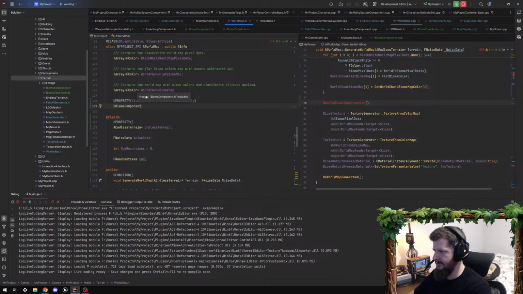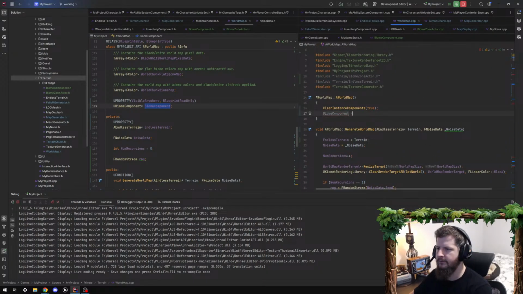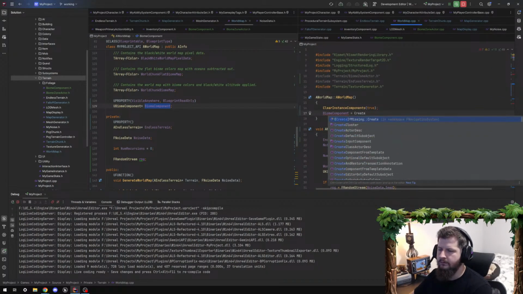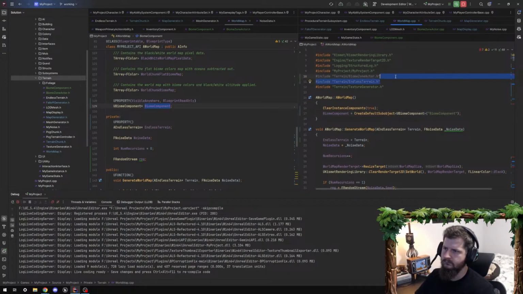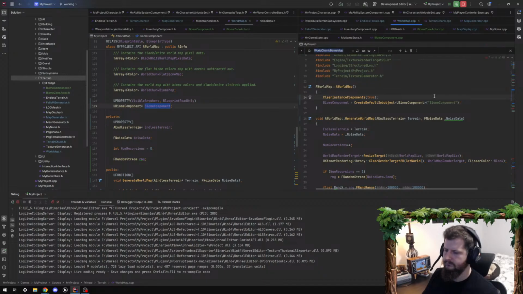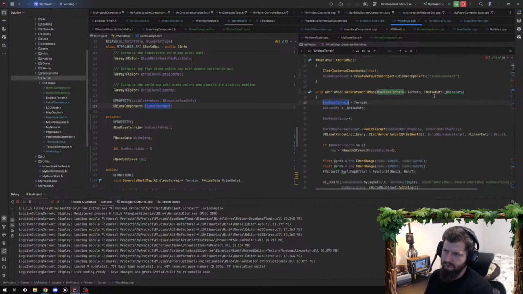Biome component, include that. Biome component, yes, yes, yes. We will create that default. Okay, so we can get rid of endless terrain.